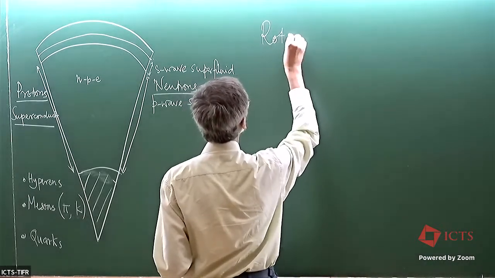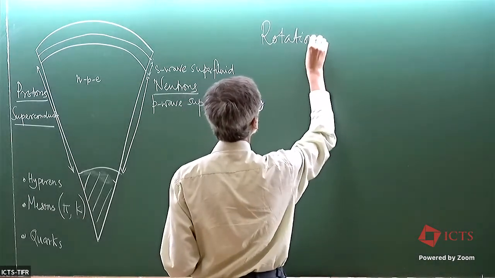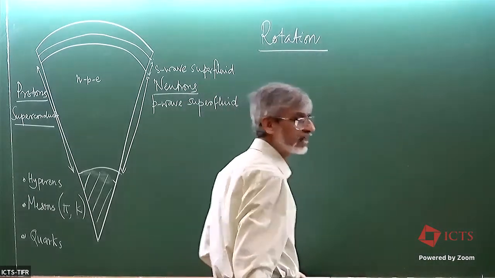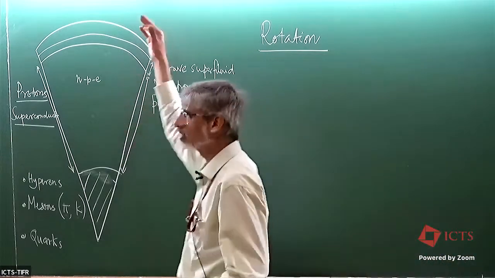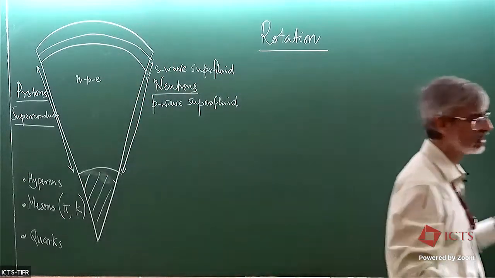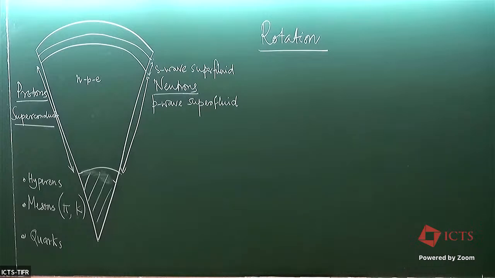So let's look at these two aspects: how does the neutron star structure carry these different attributes? If this was a completely rigid body, then of course there's no question as to how the rotation is carried.